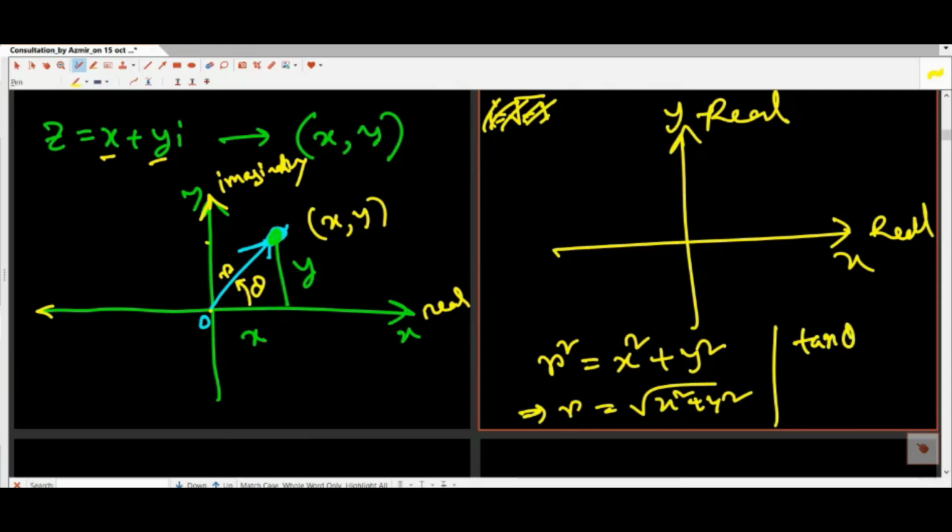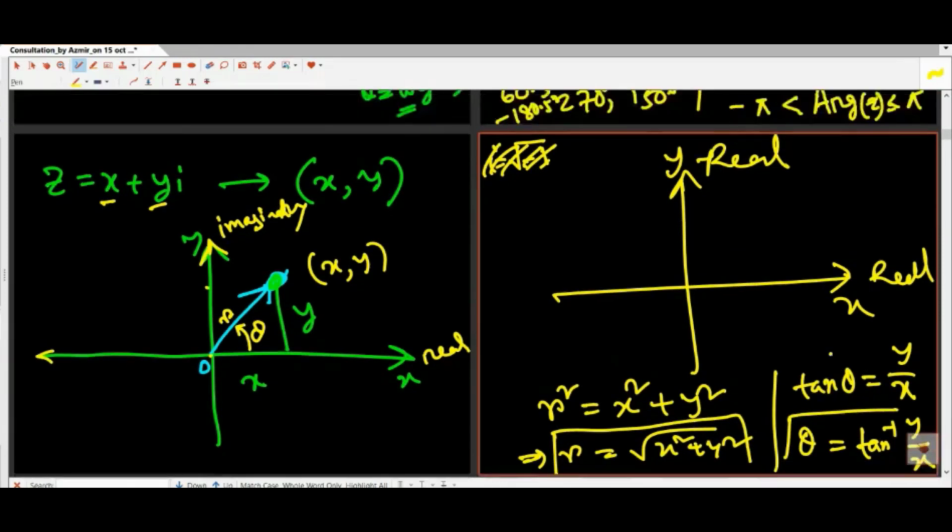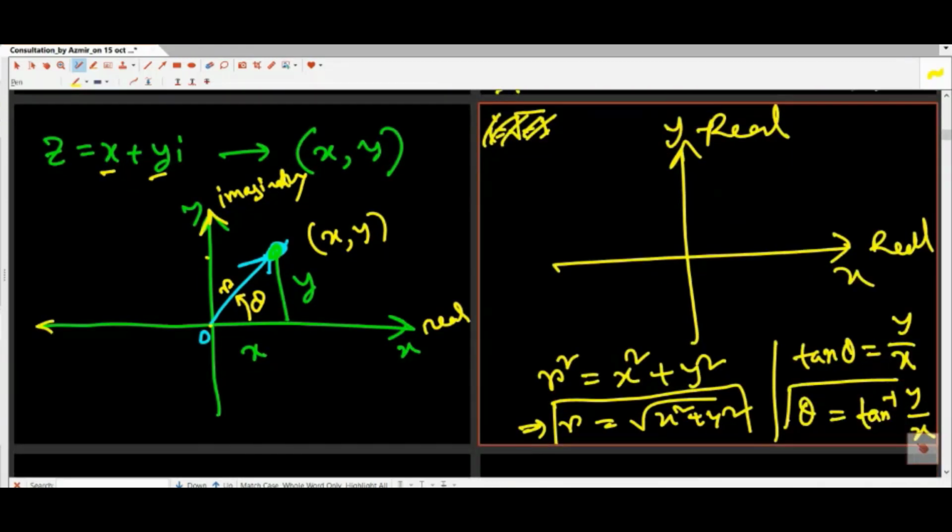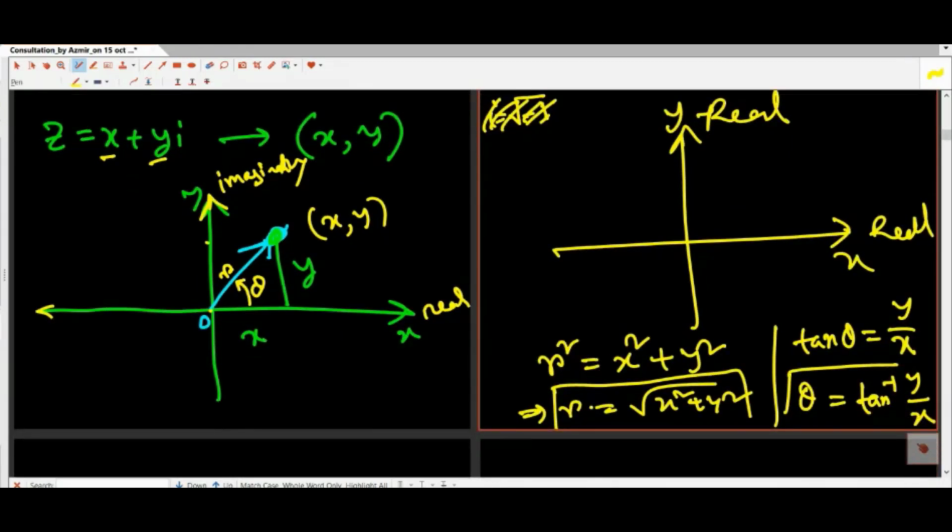We know that the definition of tan theta is y over x, that is perpendicular by base. So using this, we can find theta equals tan inverse y over x. This is how we can find r and theta. That means we have the polar form r and theta.